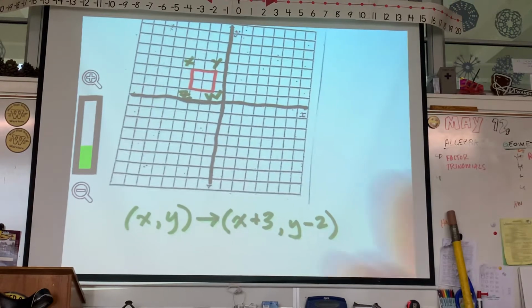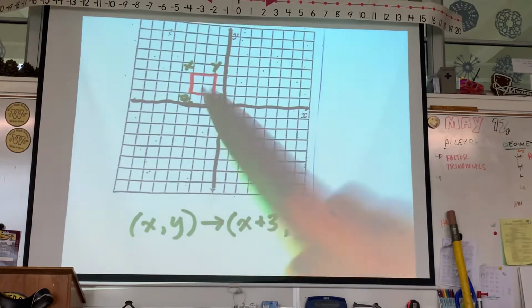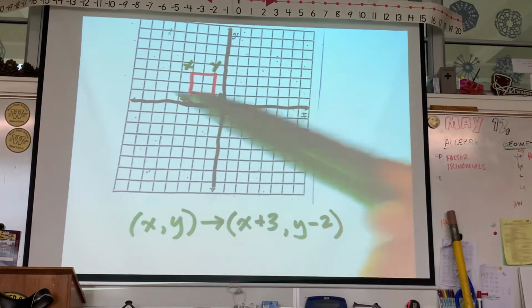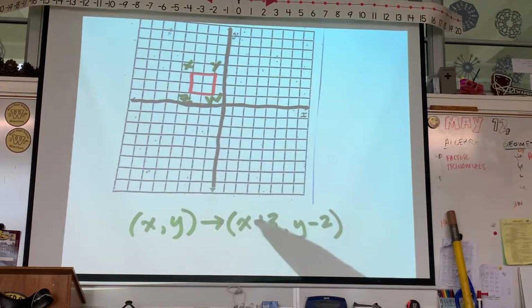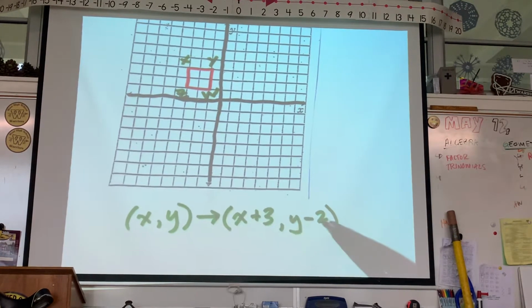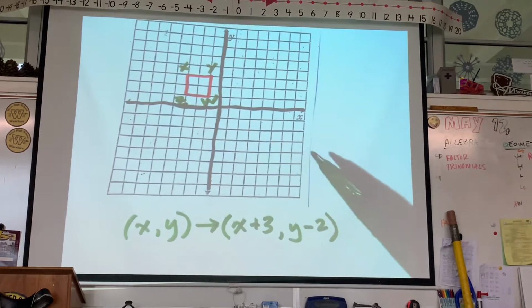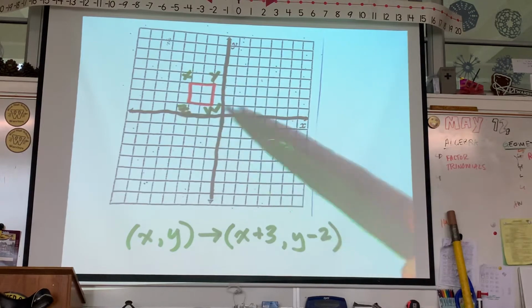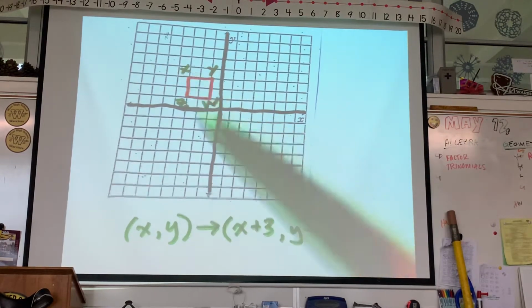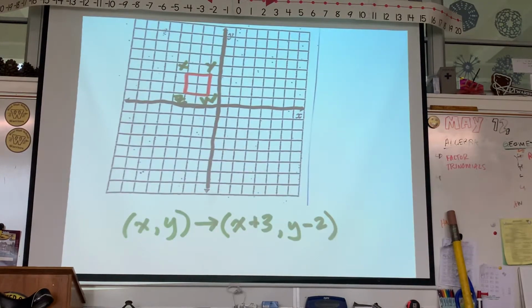Here's what that means. For every X coordinate, I'm going to move 3 to the right. For every single vertex, for X, Y, Z, and W, I'm going to go right 3.